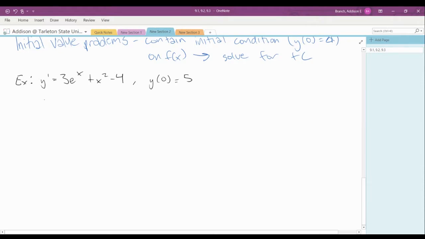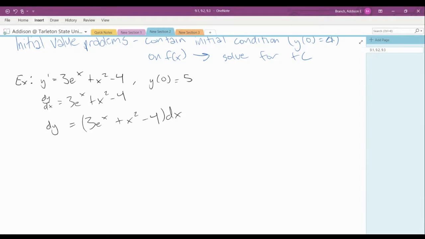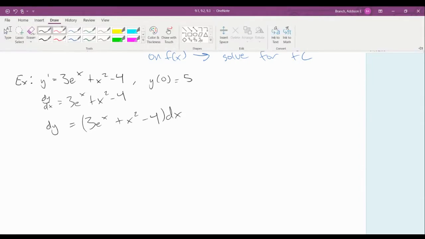Or better yet, we have dy dx is equal to 3e to the x plus x squared minus 4. We can actually move that dx over to the other side, and then integrate both sides in order to solve this equation.